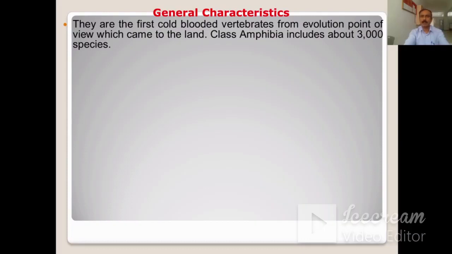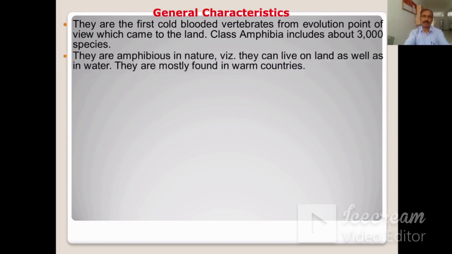The class Amphibia includes about 3000 species. They are amphibious in nature, that is, they can live on the land as well as in the water. They are mostly found in warm countries.